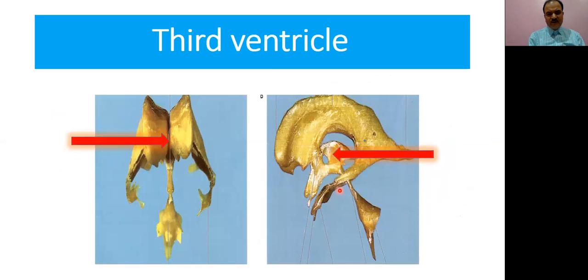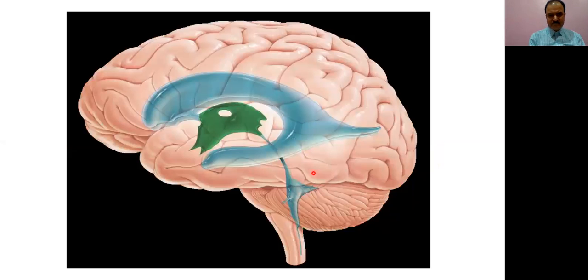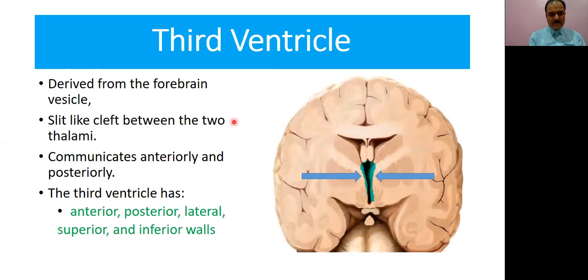Now coming to the third ventricle. You can see these are the two lateral ventricles, and between them we have the third ventricle. The third ventricle is derived from the forebrain vesicle. It is a slit-like cleft between the two thalami.